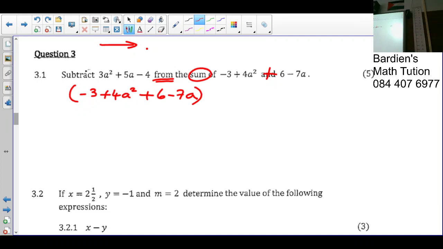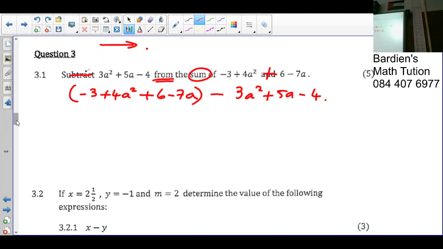Why am I writing it first? Follows from. Not so? Subtract, so I write minus, that means minus 3a squared plus 5a minus 4. You all agree with that? Yes. Who disagrees? Yes, why do you disagree?